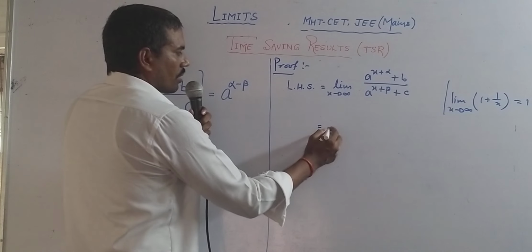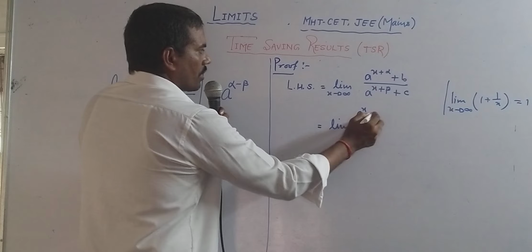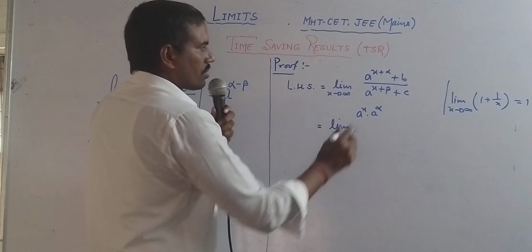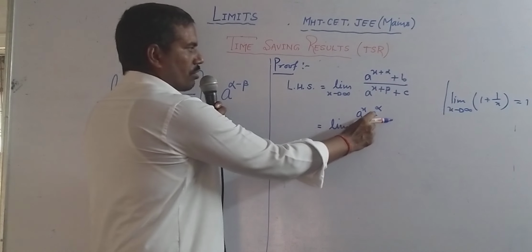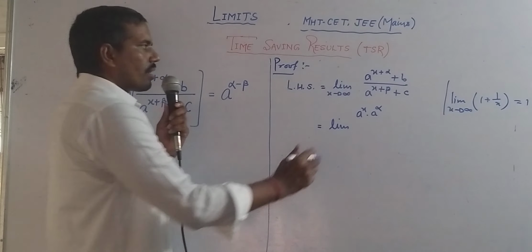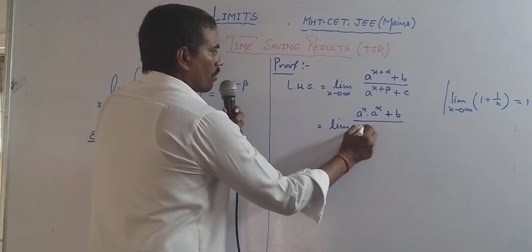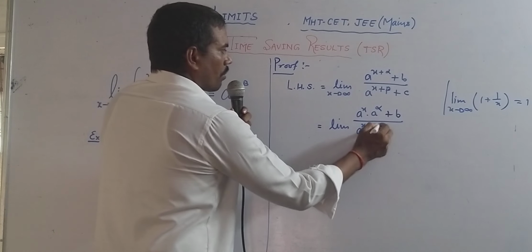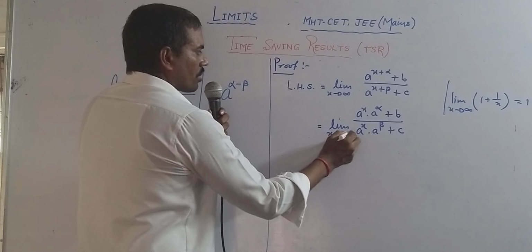Right? Limit of a to the power x into a to the power alpha. Means a to the power x plus alpha is written as a to the power x into a to the power alpha, since indices are added for the same base, plus b, whole divided by a to the power x into a to the power beta plus c, as x tends towards infinity.